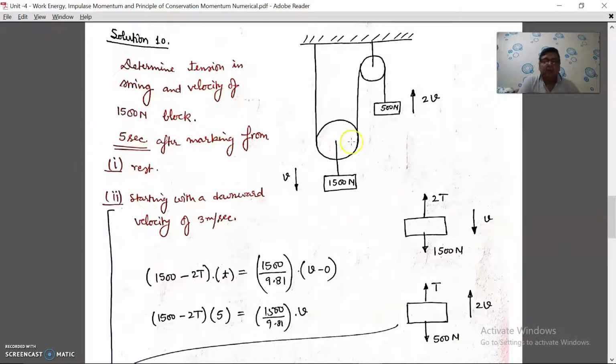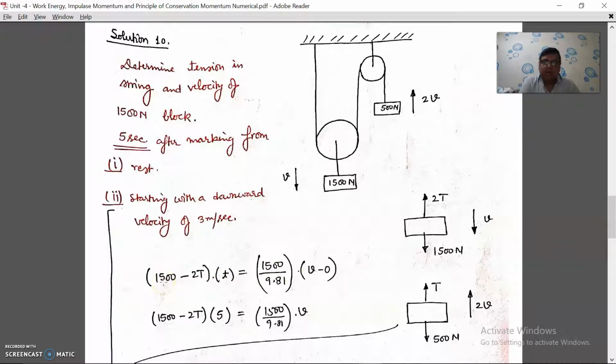Now if we draw the free body diagram of this 1500 Newton block, which force is driving this block in the downward direction? It is 1500 Newton minus 2T. So we applied the impulse momentum principle, which says that force into T is equal to mv minus mu.